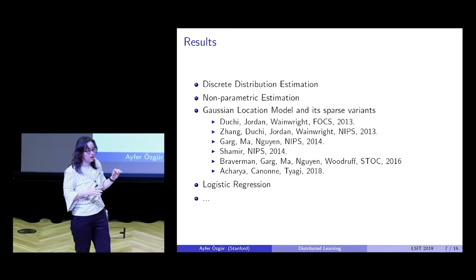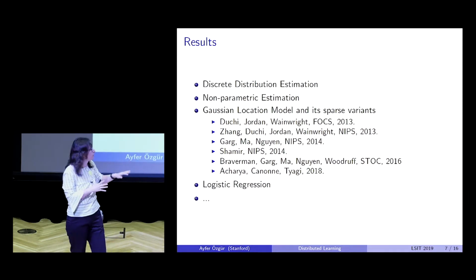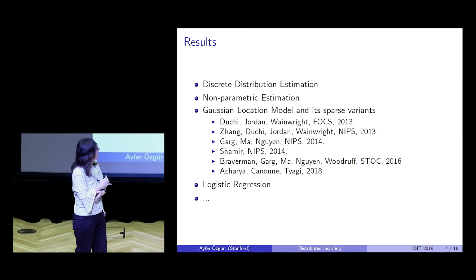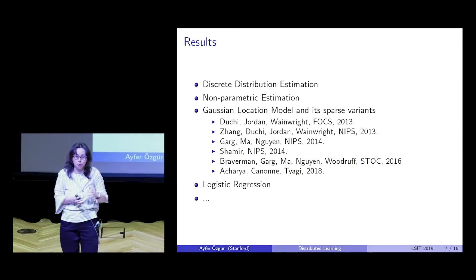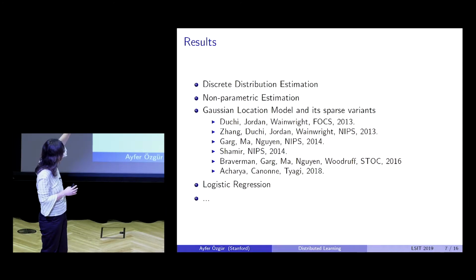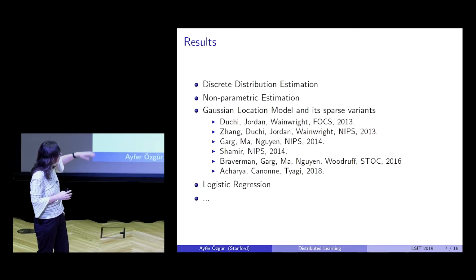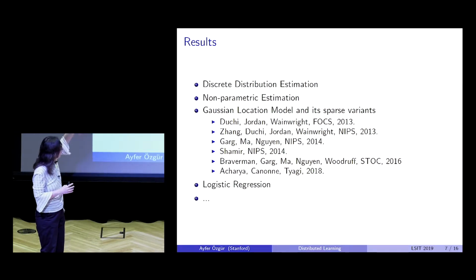For this special case, our framework recovers the previous results in the literature, and we also close some logarithmic gaps between upper and lower bounds that were left open. We have results for logistic regression, some classification problems, and so on. I won't have the time to go through all of this.